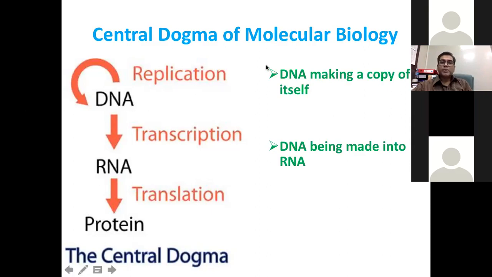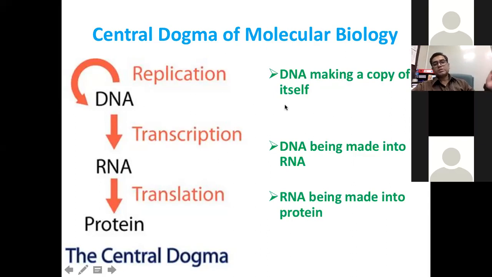So it has to be replicated first and then transcribed into a language, and that language is translated into a protein. So these 3 processes: the copying of DNA, then DNA is converted into the RNA or RNA transcript, and then that transcript, which is RNA, is actually translated into a product, which is a protein. We will look at these processes in detail one by one.